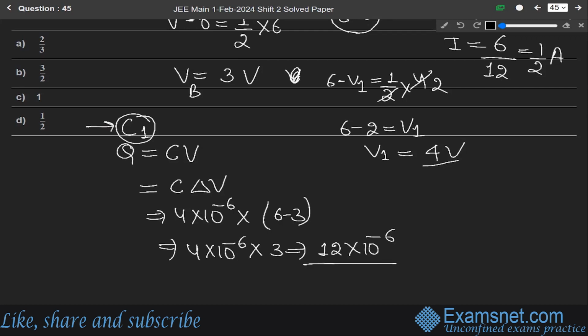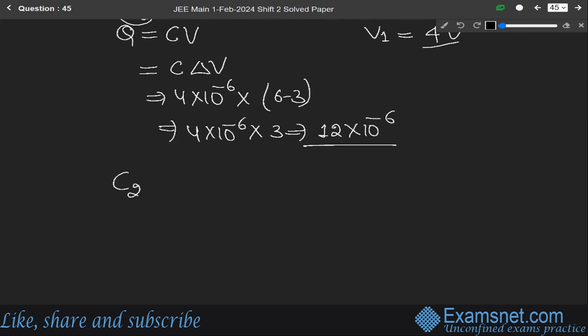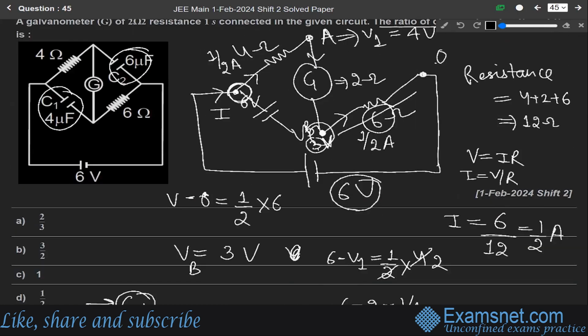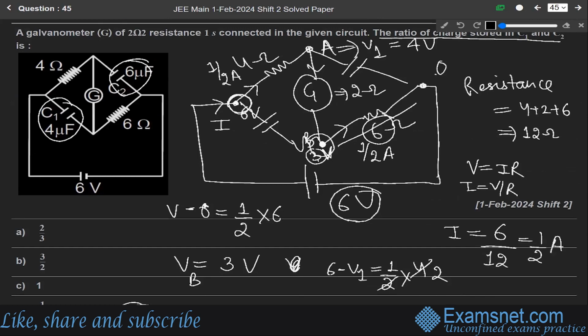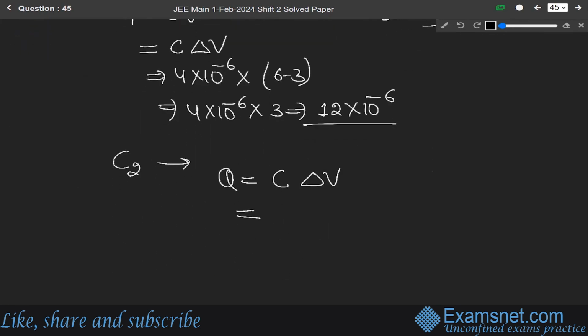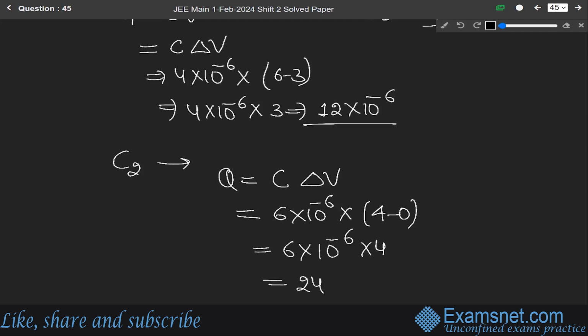And for the C2 branch, Q equals C into delta V again. Here the capacitance is given as 6 microfarad, and the potentials are 4 volt and 0. So 6 into 10 to the power minus 6 into 4 minus 0, which equals 24 into 10 to the power minus 6 coulomb.